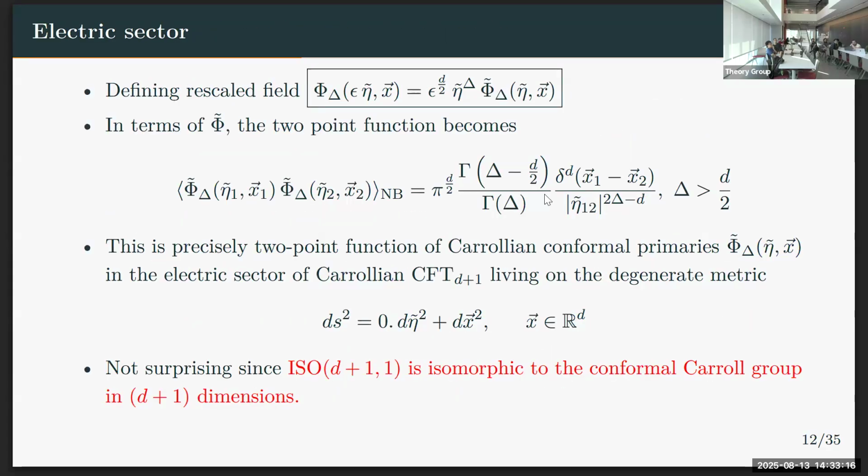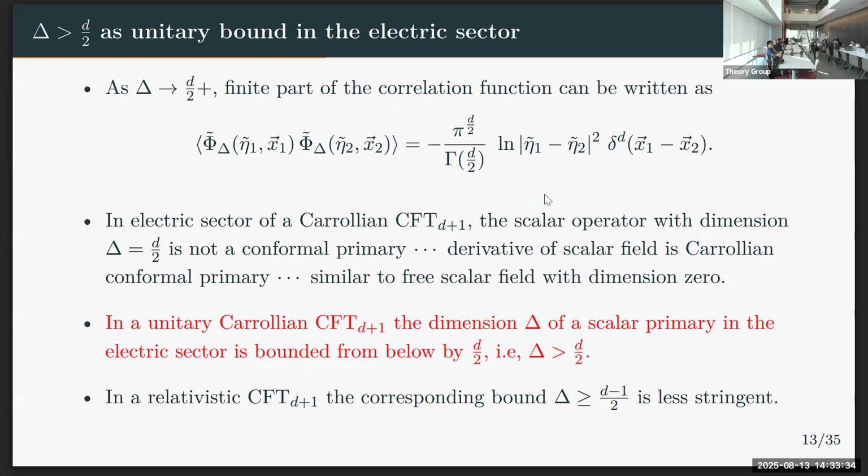Now, as you can see, when delta is d/2, the numerator blows up because of this gamma function. But what one can do is extract the logarithmic term from this power law dependence on eta tilde, and the finite part of this correlation function as delta goes to d/2 becomes this.